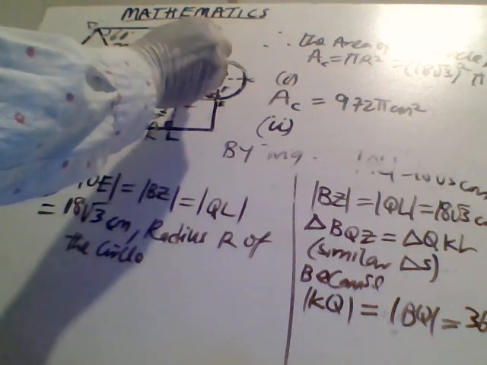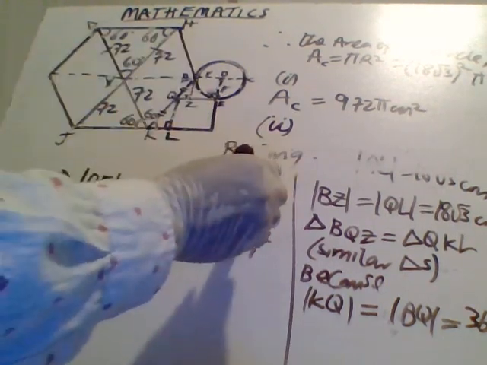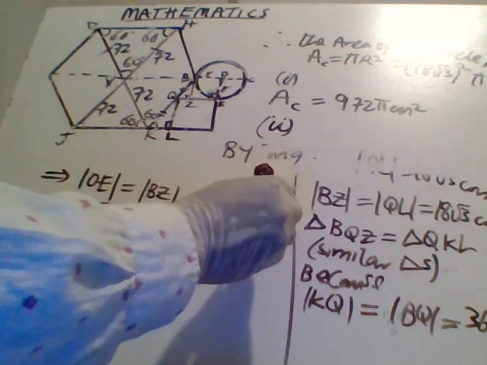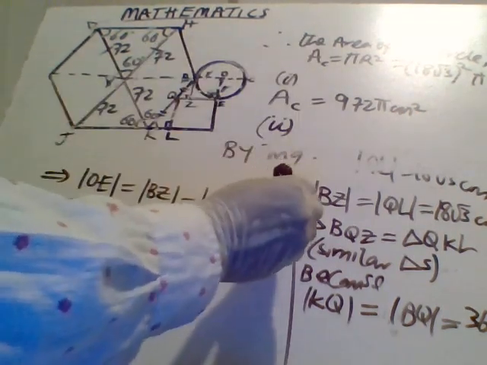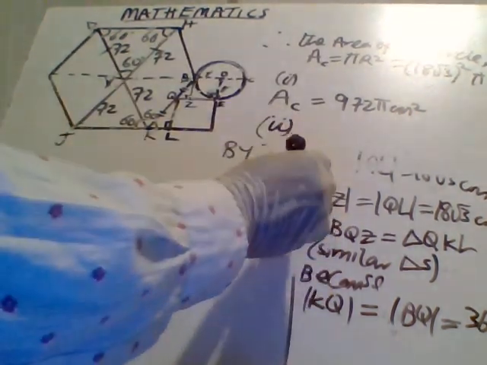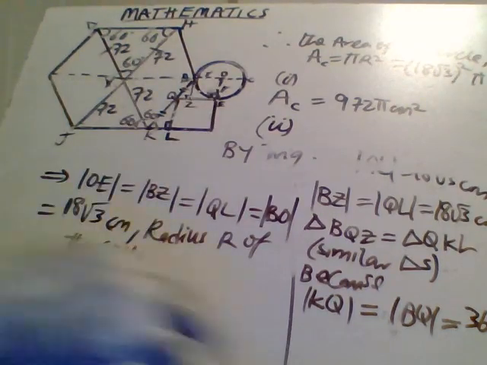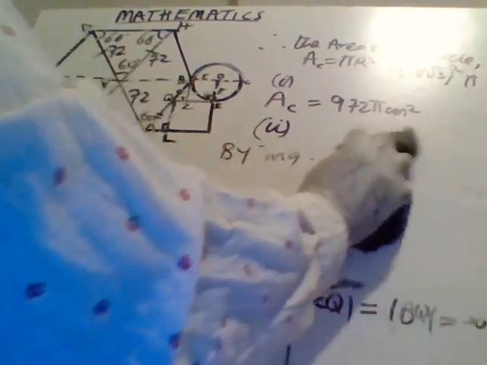Here will also be the radius. This means that this is also equal to BO. The radius are equal. So let's clean this side.